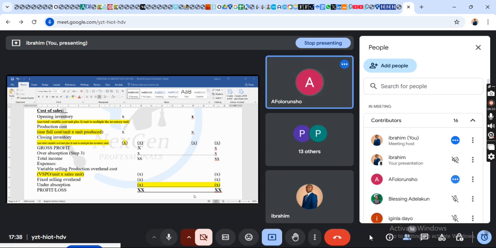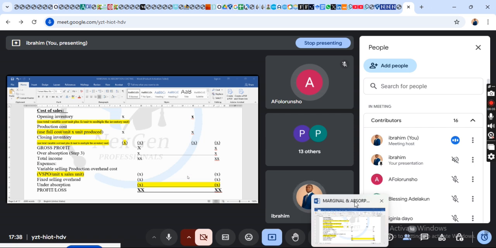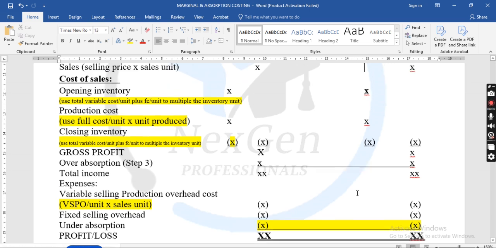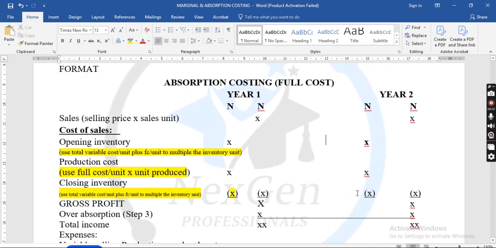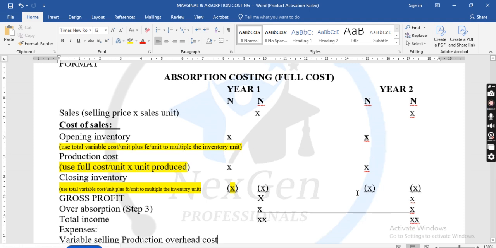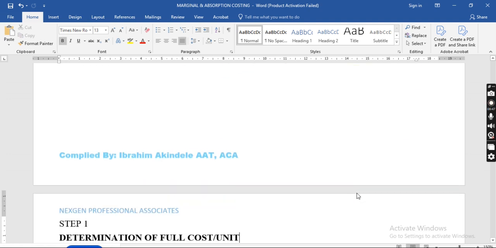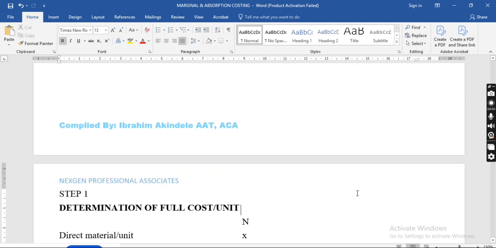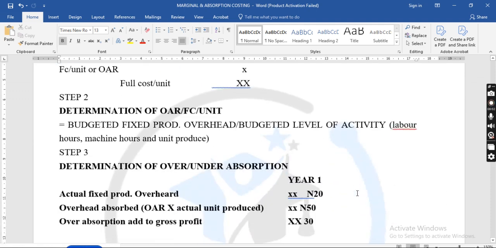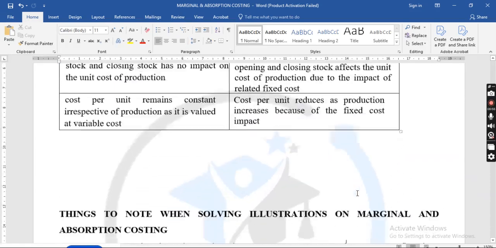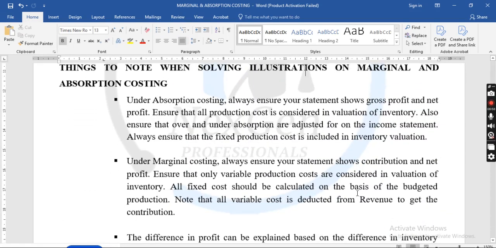Yes, sir. Okay. Now, if this is the format of the absorption costing, don't forget that we have one question that we're actually doing on marginal and absorption costing.